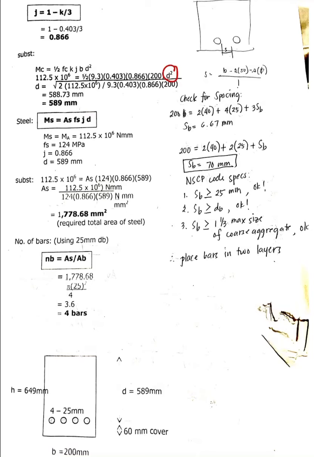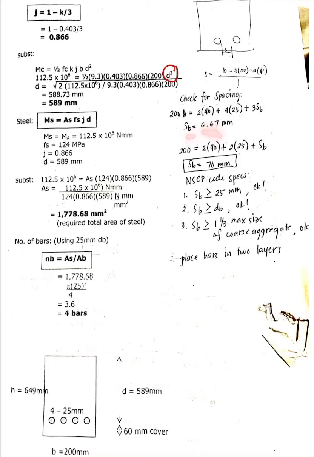Okay, now draw the section and the orientation of your bars, and then compute for the spacing. To compute for the spacing, given b is 200, and then the side cover is 40, and then you have 4 bar diameters and 3 spacings. So you have your answer equal to 6.67.